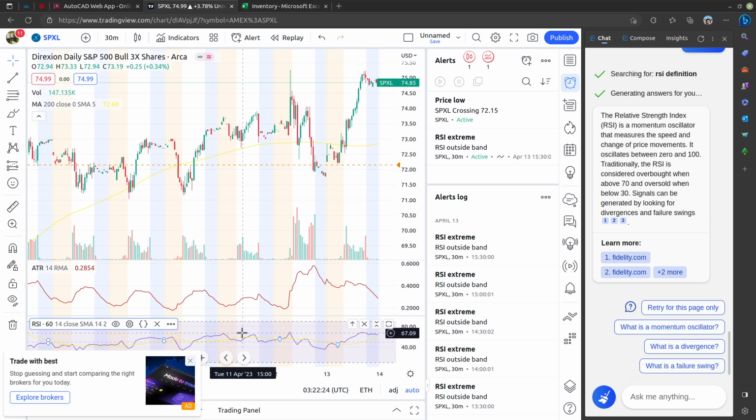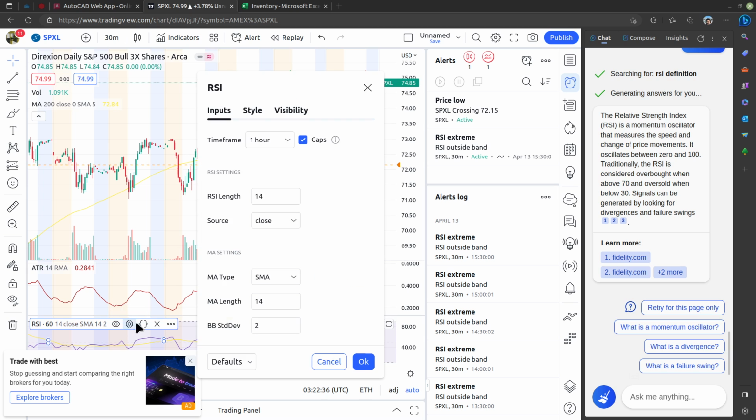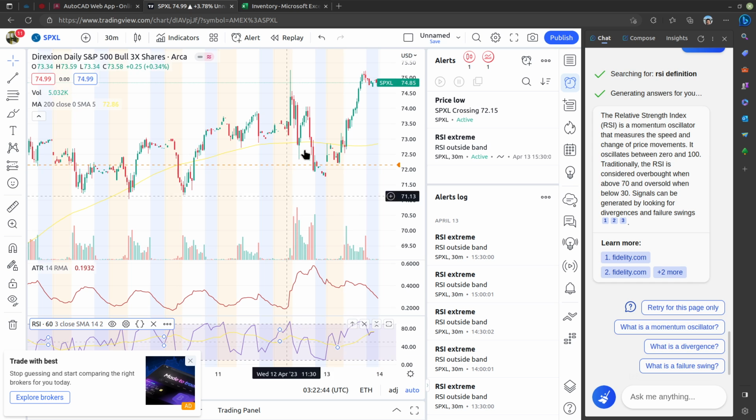You never know when you have to buy it. It's just too flat. So let's change it back to 3. 3 what? 3 periods. Each line is 1 period in this graph.